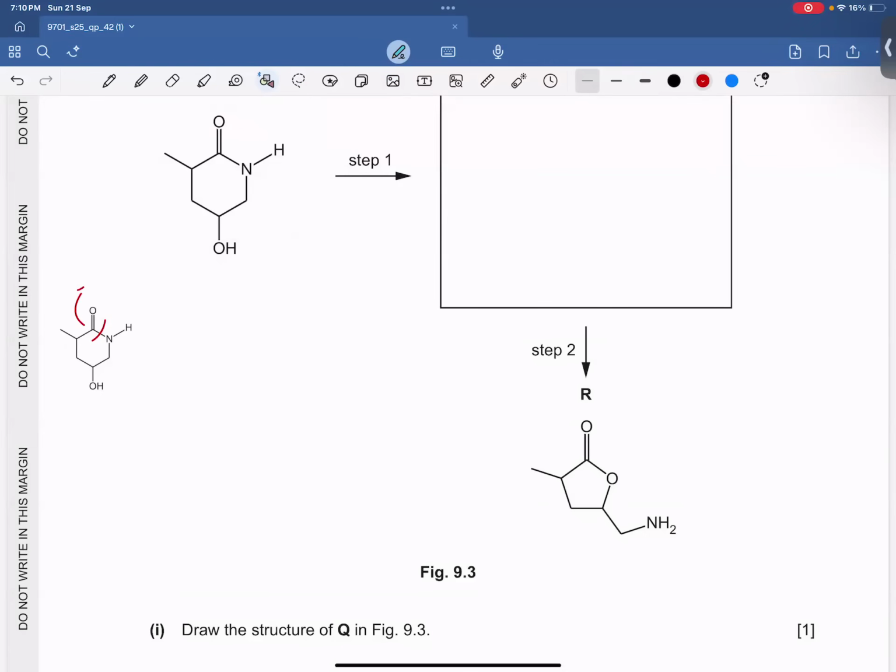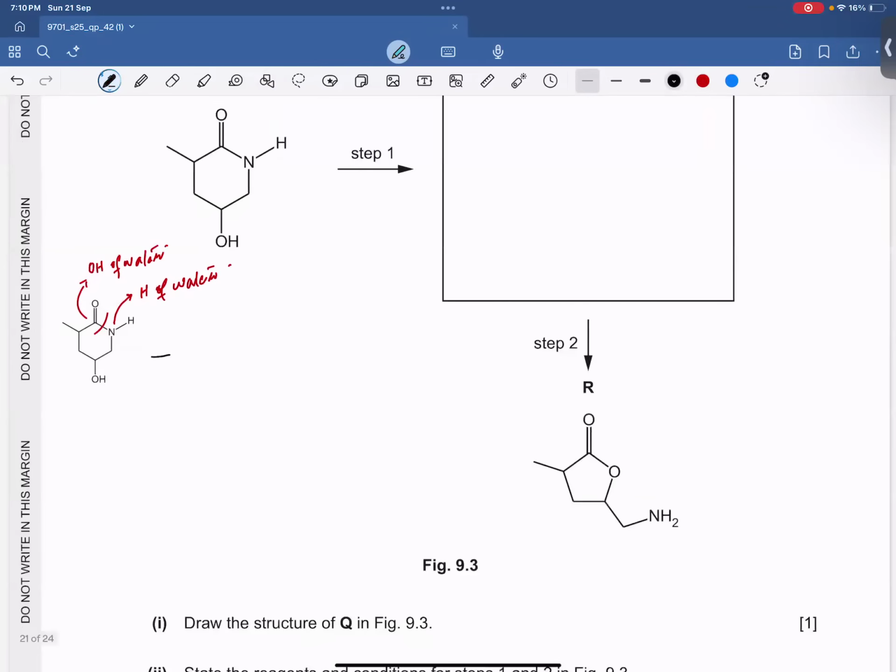This C=O will get the OH of water, and there's a shortcut technique we have done in class. This nitrogen will get the hydrogen of water.